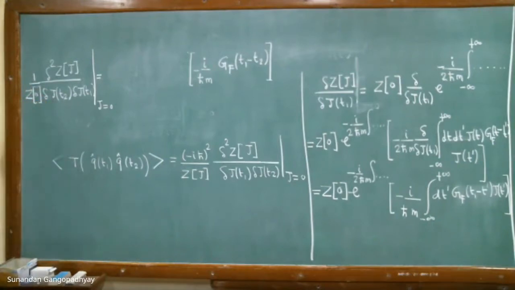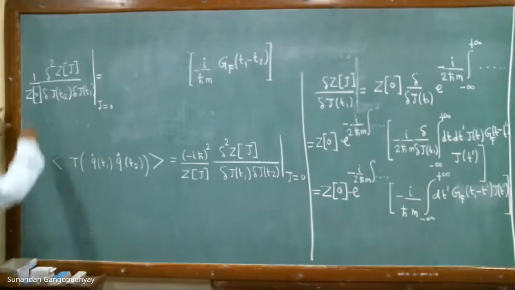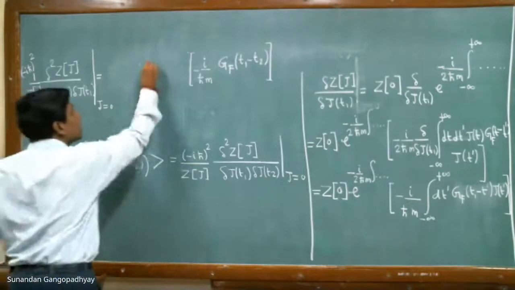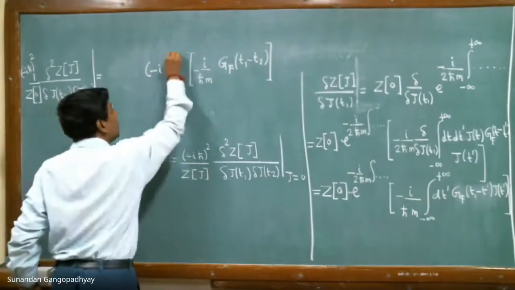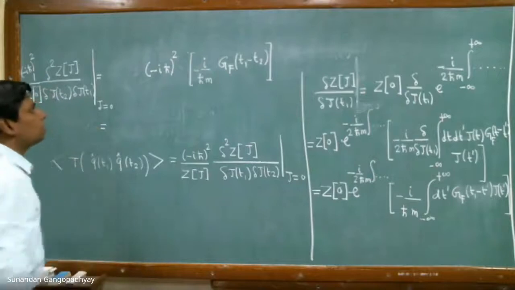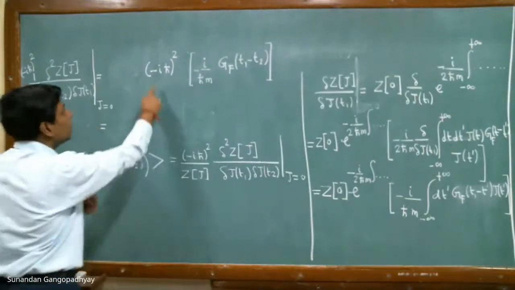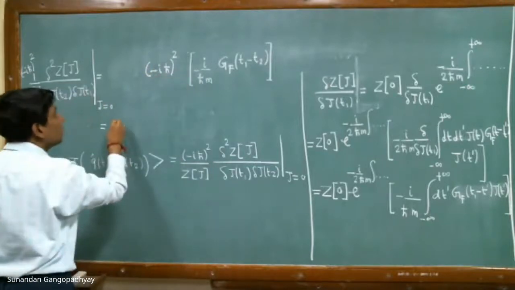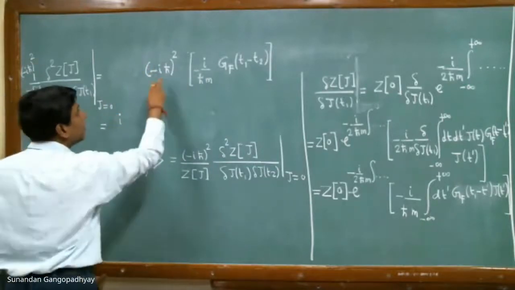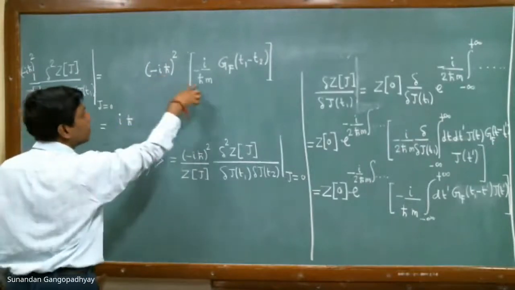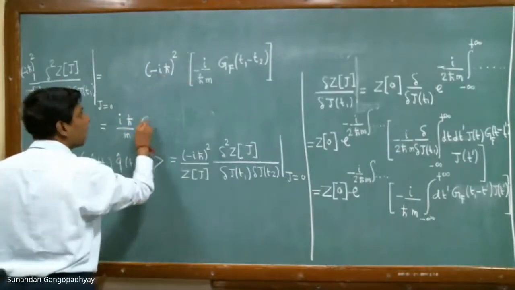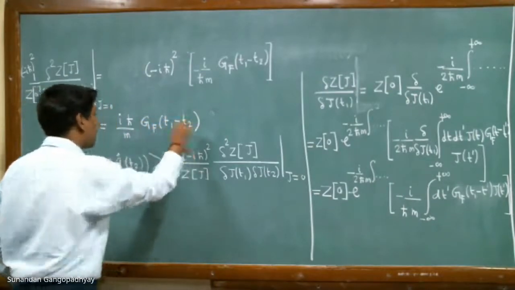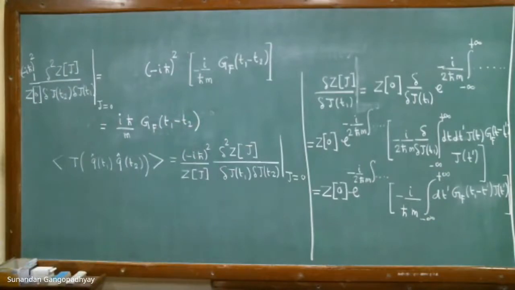So Z[J] becomes Z0, and then you multiply this by minus i h bar whole squared. So that gives us a minus i h bar whole squared, so minus i becomes minus, and this minus becomes plus. So i h bar by m G_F(t1 minus t2). This is the result that we get after doing this calculation.